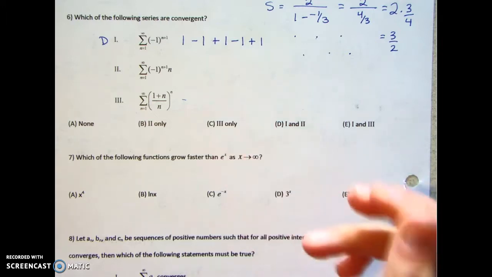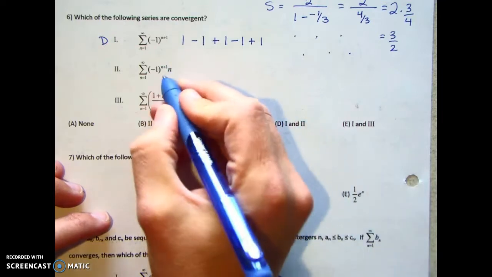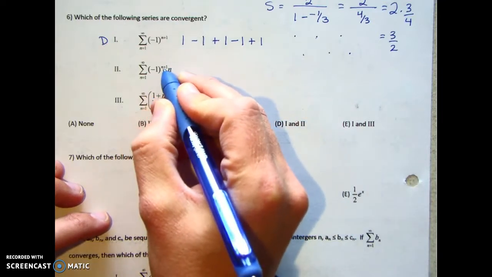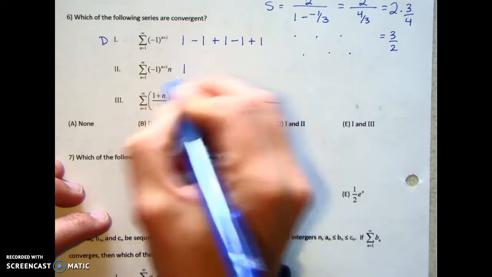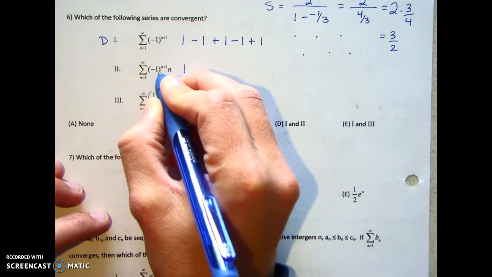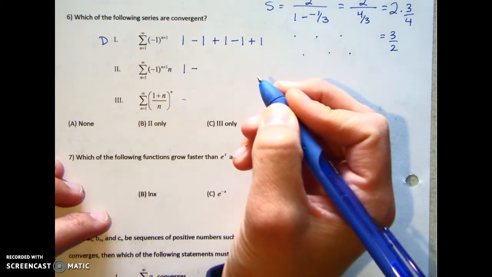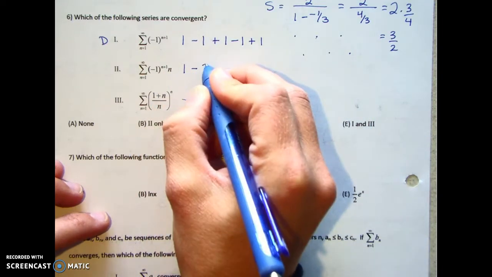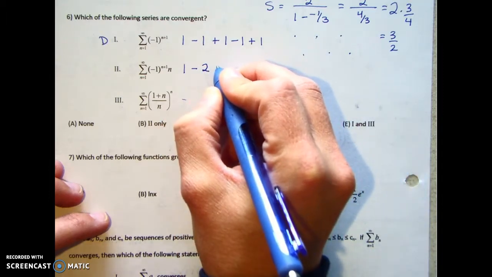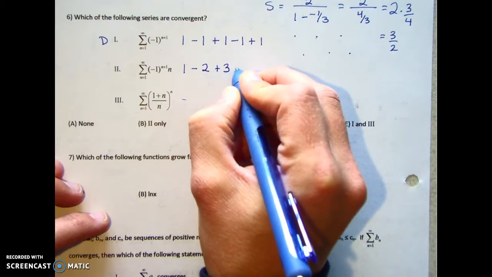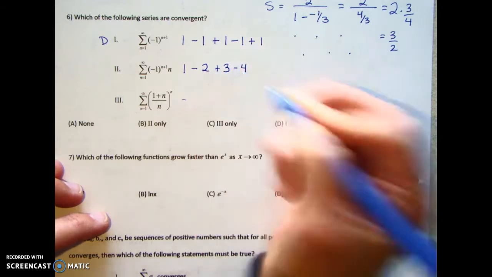So by the nth term test, okay? What about this one? Let's plug in 1. So -1 squared is 1 times 1 is 1. Let's plug in 2. -1 to the 2 plus 1, so that's going to be negative, and then we have a 2. And then if you plug in 3, we get plus 3. Plug in 4, minus 4.